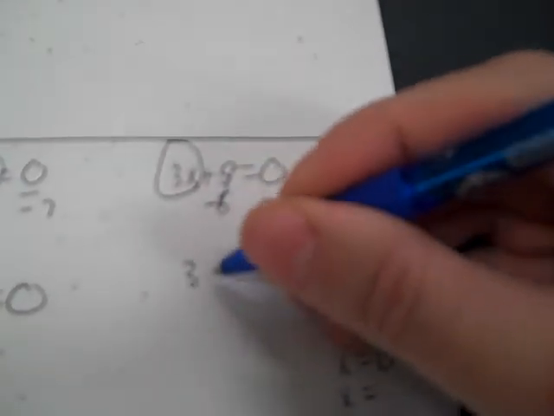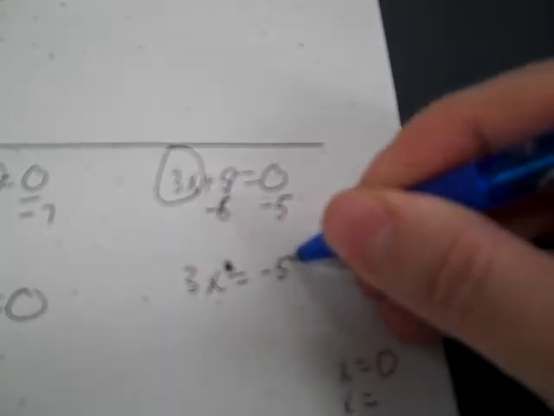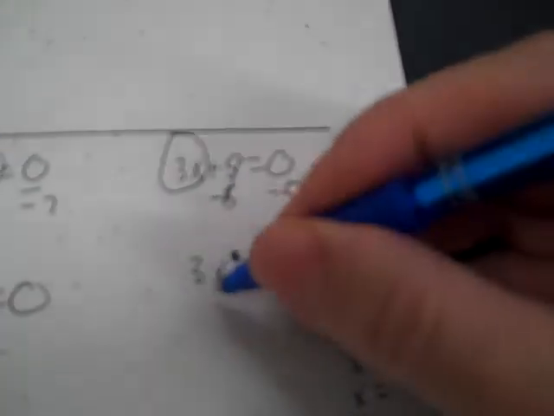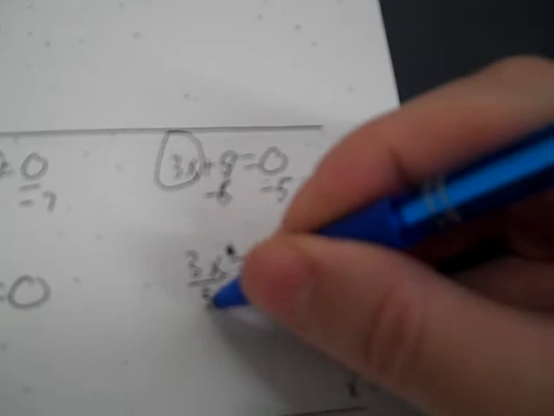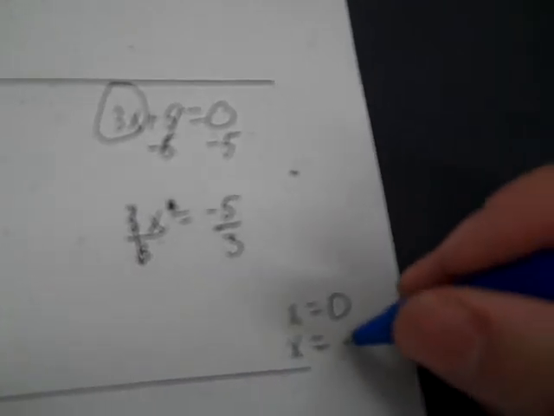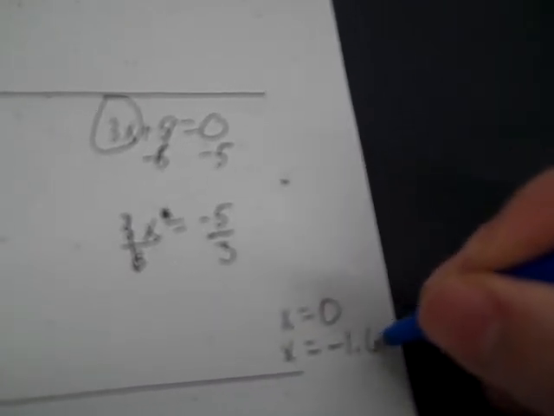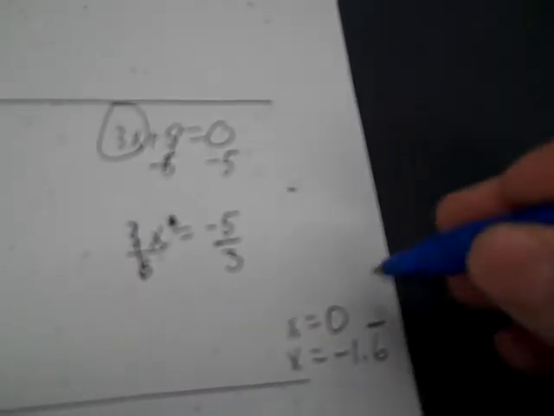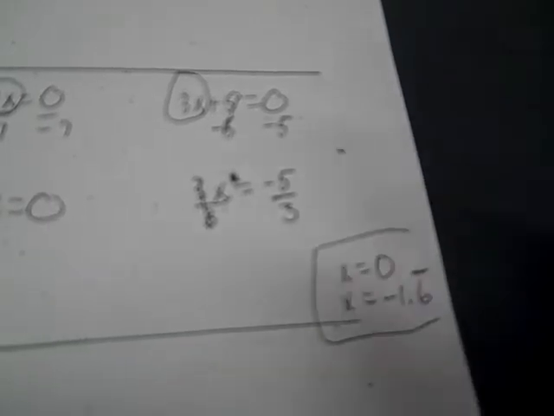So 3x equals negative 5, okay? I divide both sides of the equation by 3. And negative 5 divided by 3 is negative 1.6 repeating. You can also leave it as negative 5 over 3, but some of you are not very good with the fraction. You get confused with that, so I would just divide it.